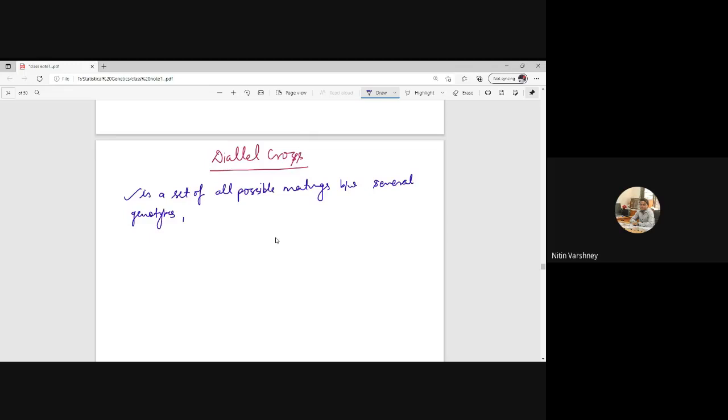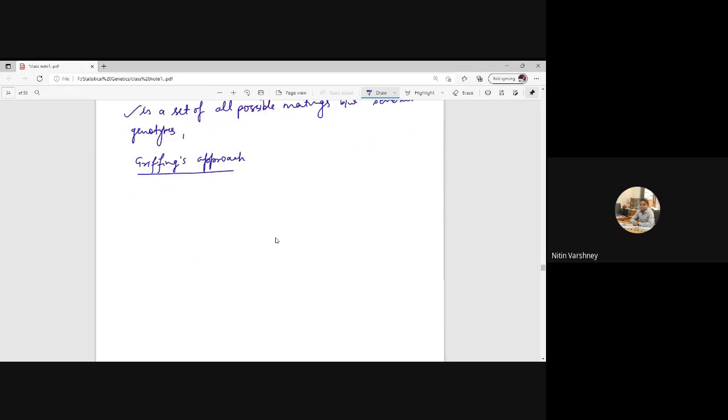Now there are 4 methods of Griffing's approach. If you remember Griffing's approach, this is important. So if there are p number of inbred lines, p lines I have, in which we will make crosses, like 1, 2, 3, 4, 5.